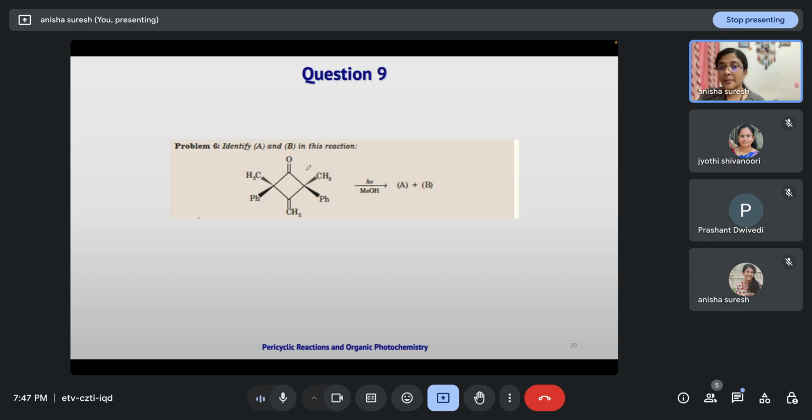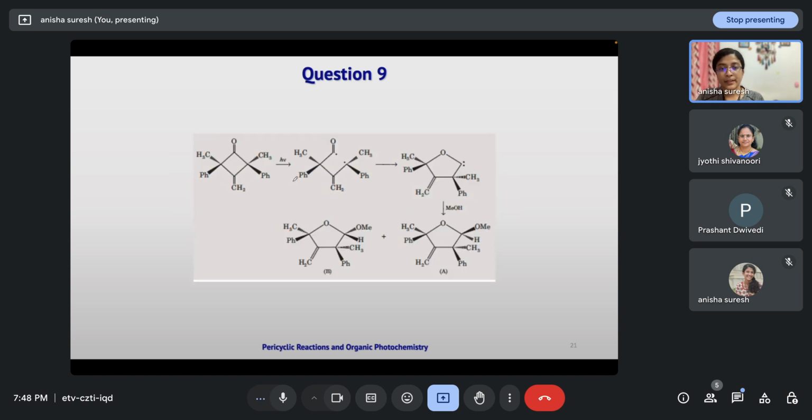So first alpha fragmentation will be taking place leading to the formation of the CO radical and this radical. Now this bond can undergo photolysis, leading to formation of a carbene sort of intermediate.